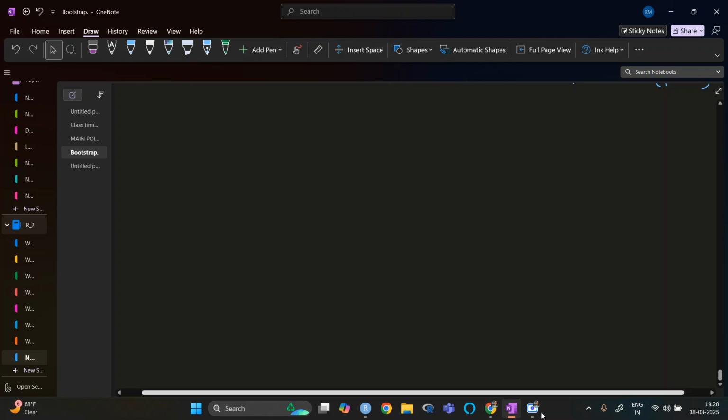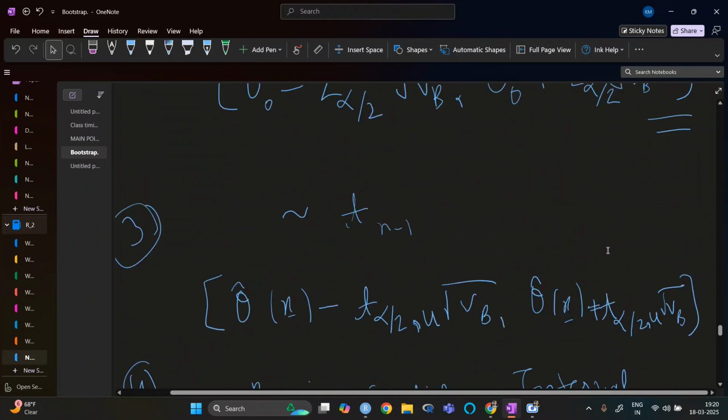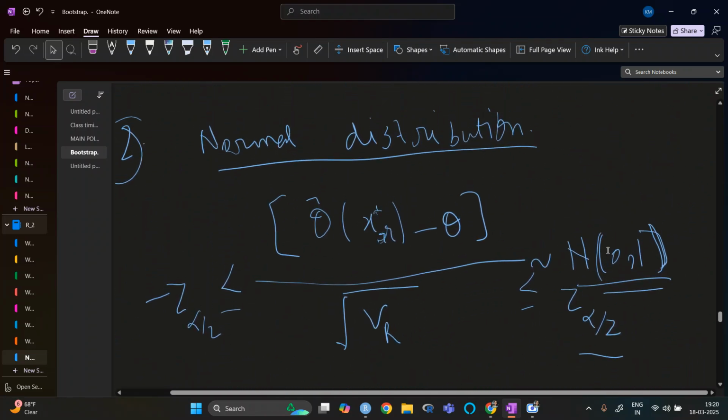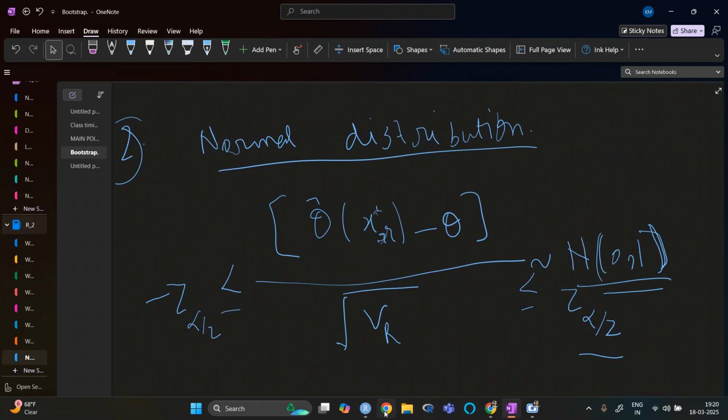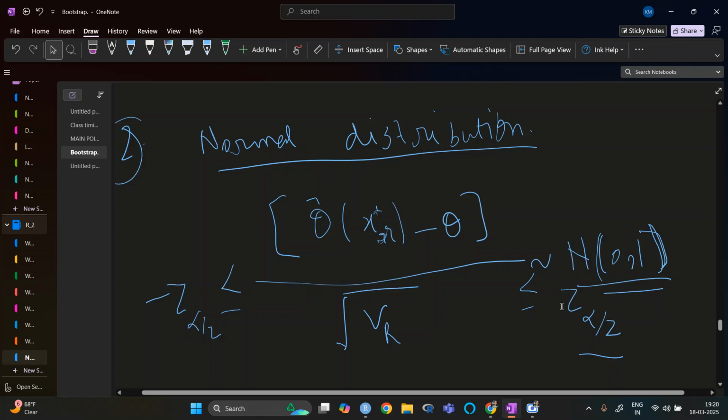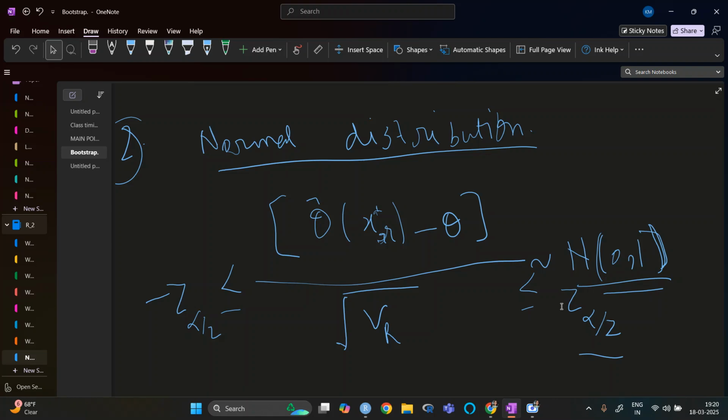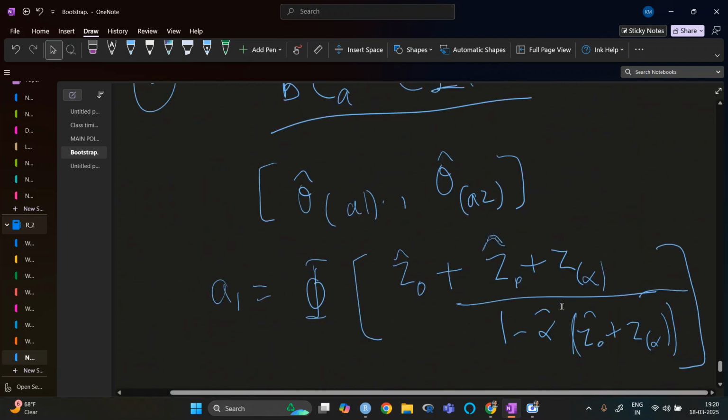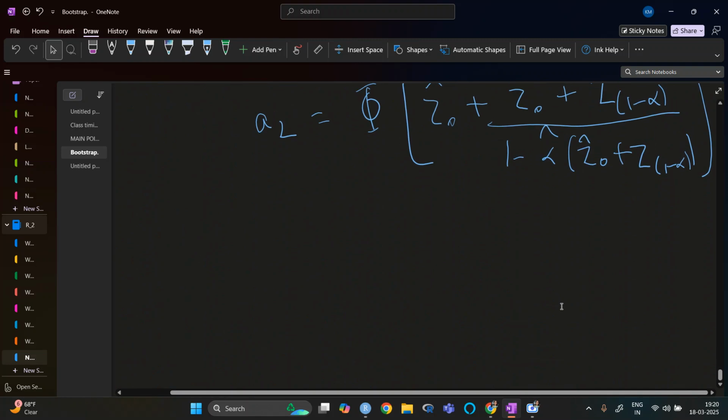Now why is that? The normal distribution, as we know, is a symmetric distribution. So if it is symmetric, then it is good to find the confidence interval with the normal one, otherwise not.